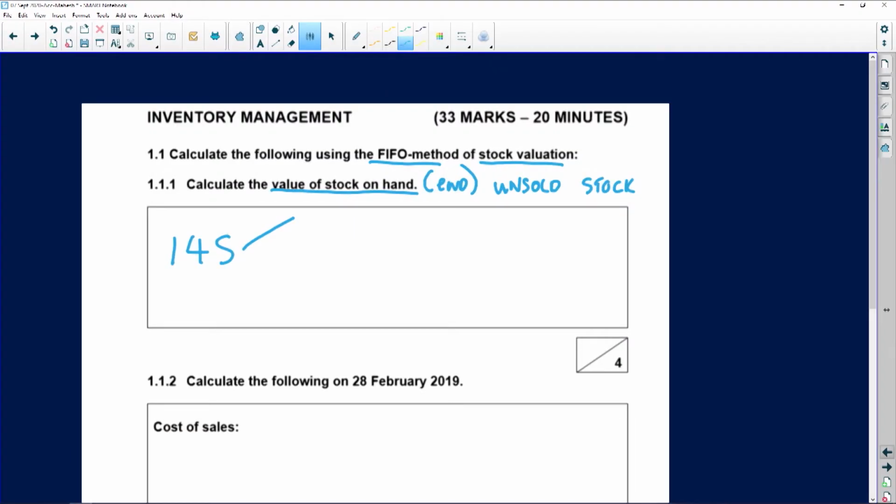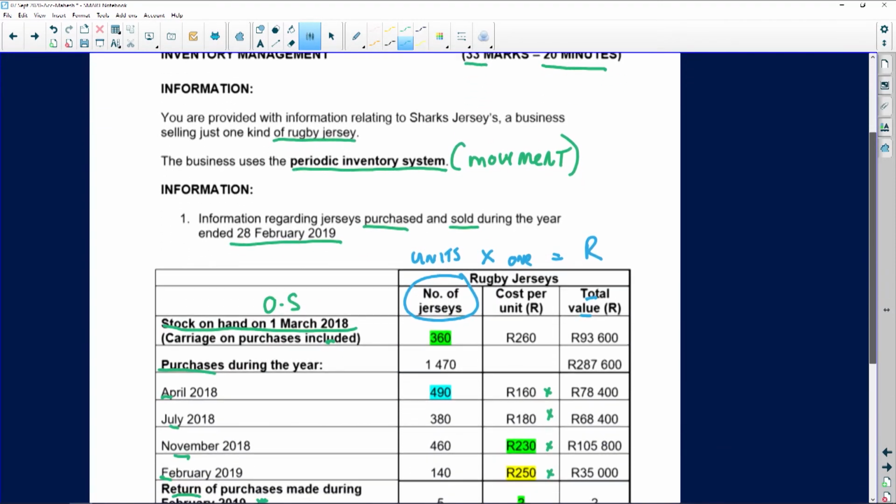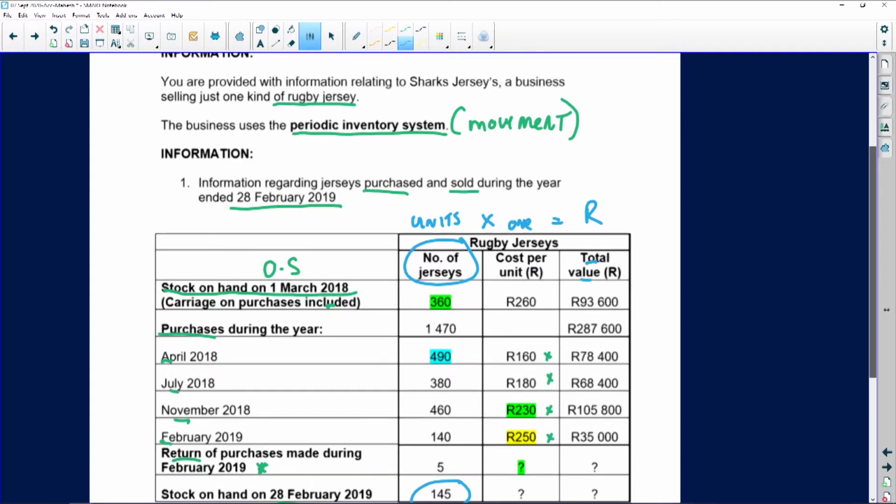So let's go back to our information. Now remember, FIFO method: stock bought first is sold first. First in, first out. Which means unsold stock comes from the last purchase and you make your way up. What do I mean by that?